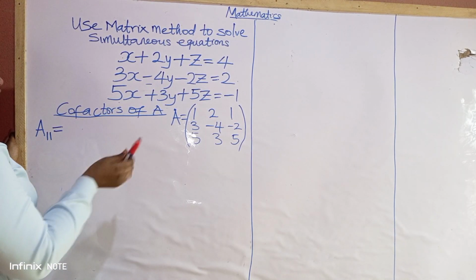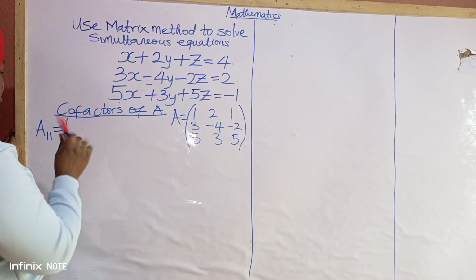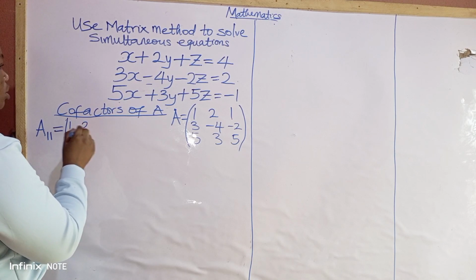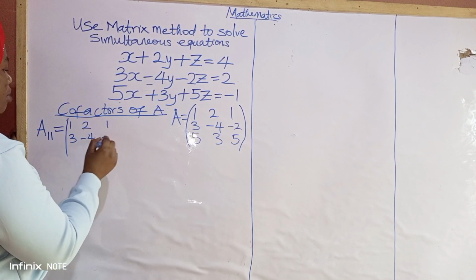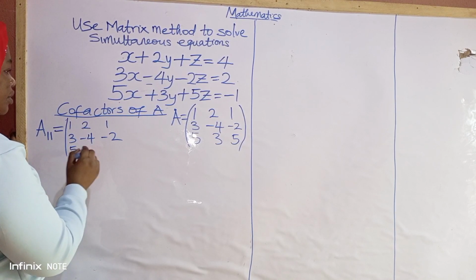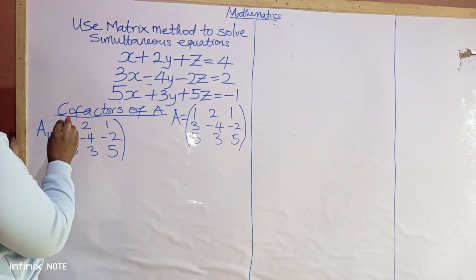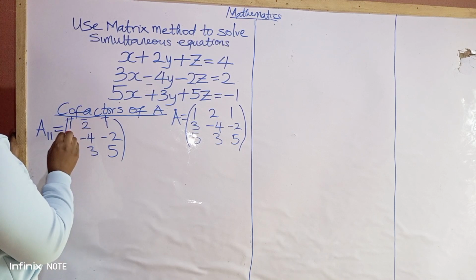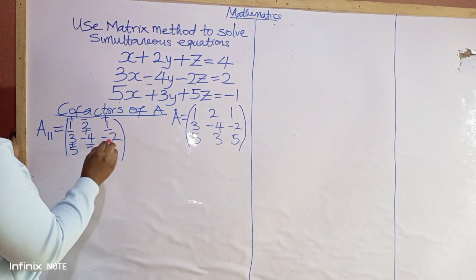So let's write it. Let's write this 1, 2, 1, 3, minus 4, minus 2, 5, 3, 5. Now, put signs on them. This is plus, minus, plus, minus, plus, minus, plus, minus, plus.